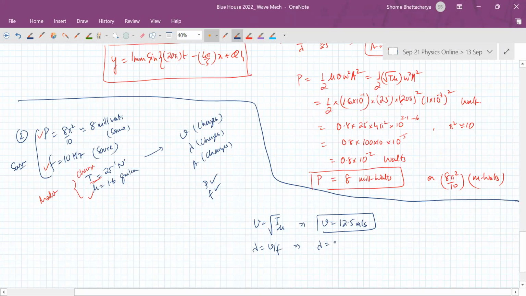So it will become 1.25 meters, whereas the frequency remains the same of 10 hertz. So omega remains the same of 20 pi radians per second, whereas angular wave number, this changes.